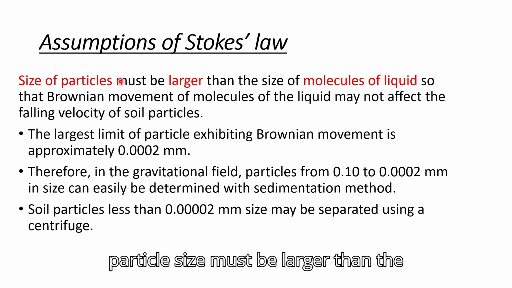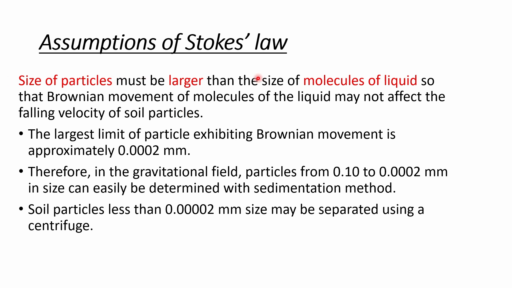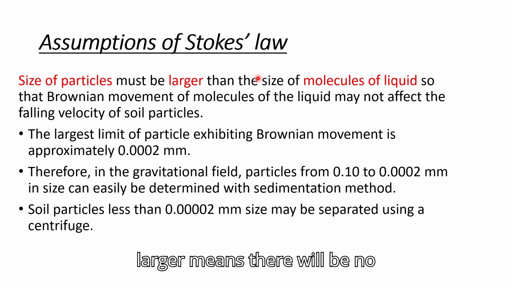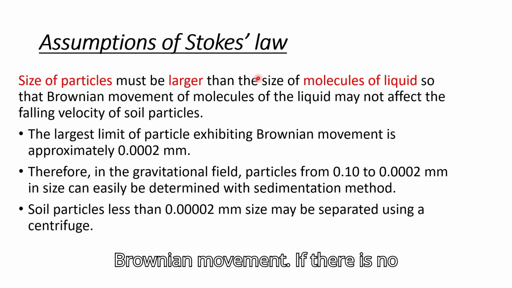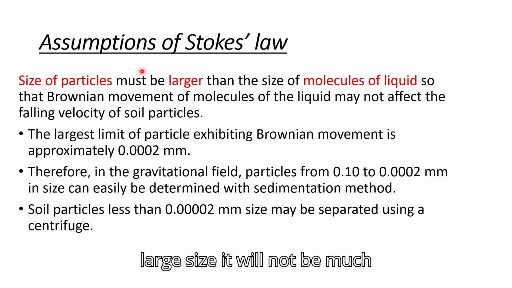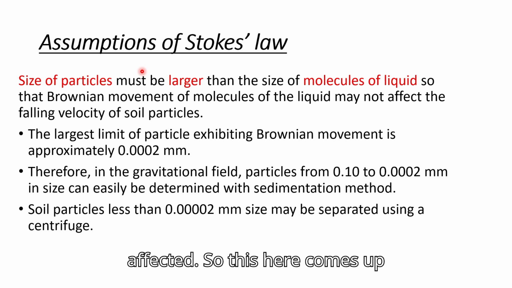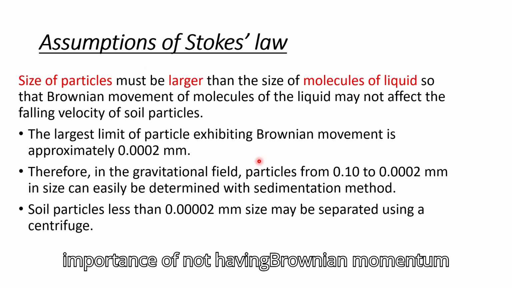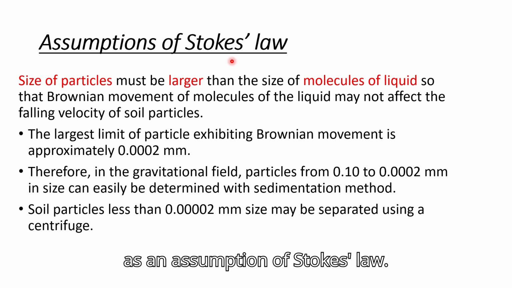Particle size must be larger than the liquid molecule size. Larger means there will be no Brownian movement. Even if there is Brownian movement, because of the large size, it will not be much affected. Here comes the importance of not having Brownian movement as an assumption of Stokes' law.